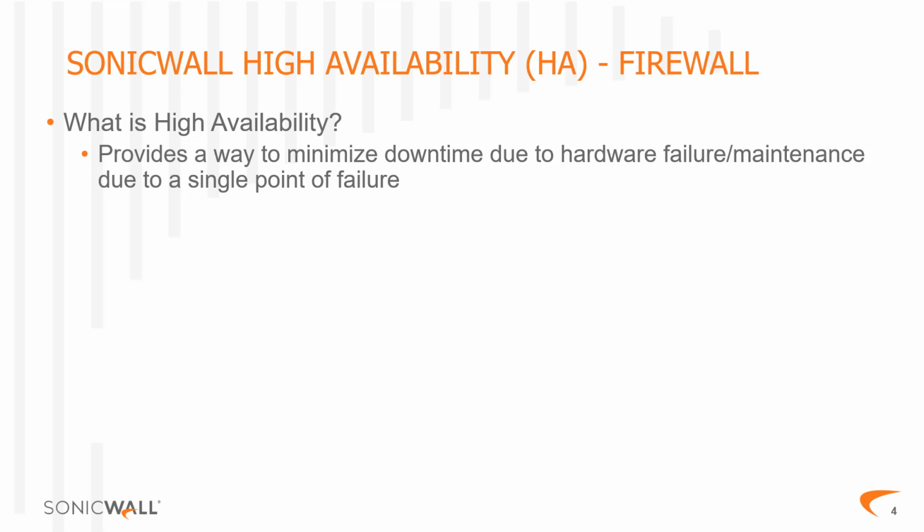So what is high availability, right? I like to think of it as a way to minimize your downtime due to hardware failure. But it can also be used obviously for maintenance, right? When you're doing a firmware update, obviously the device needs to reboot. When you're running a high availability setup, that's almost transparent to the user.